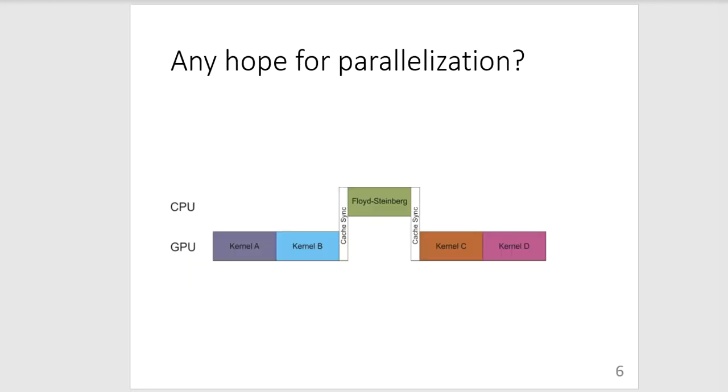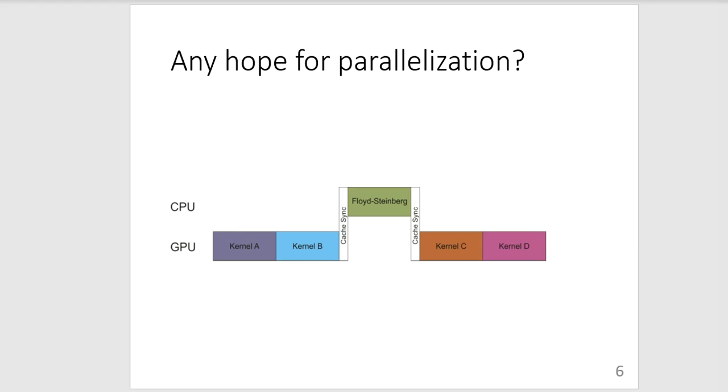So is there any hope for parallelization here? Perhaps this algorithm is better tackled by the CPU. But imagine the Floyd-Steinberg filter was part of a filter chain, where there was significant benefit to running the other filters before and after this one on another platform like a GPU.